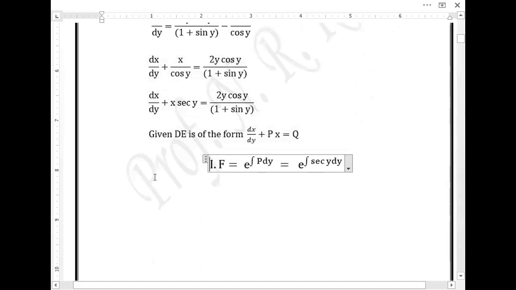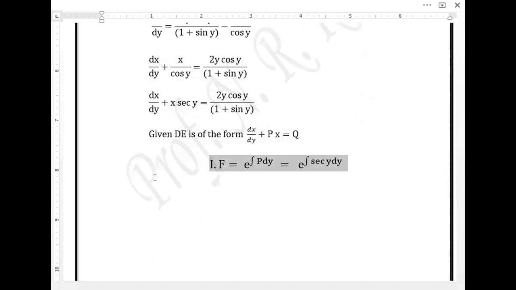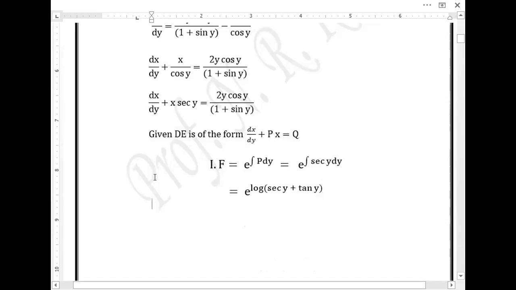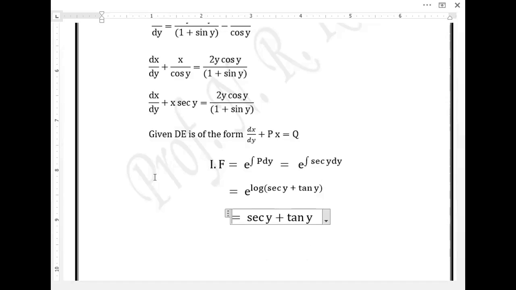Taking the integrating factor, the integration of P with respect to y is the index of the exponential function, e raised to the integration of sec y, and we know that the integration of sec y is log of sec y + tan y. Using the index rule of the exponential function, we get sec y + tan y as the integrating factor.